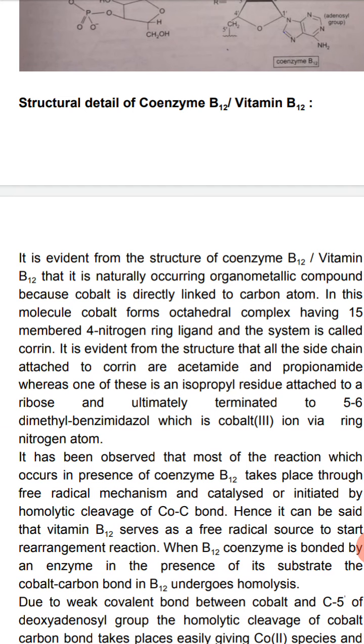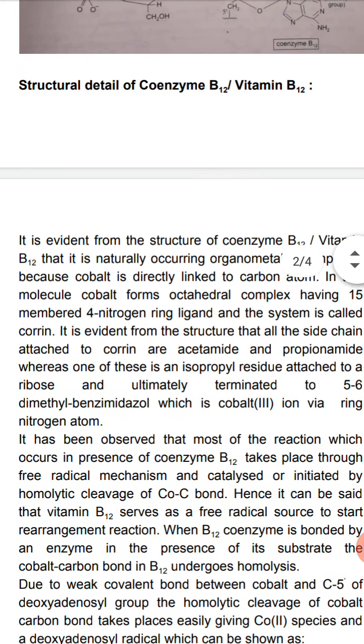Here we see that the side chains are acetamide and propionamide, whereas one of these is an isopropyl residue attached to ribose and ultimately terminated as 5,6-dimethylbenzimidazole, which is linked to the cobalt ion via a ring nitrogen atom.